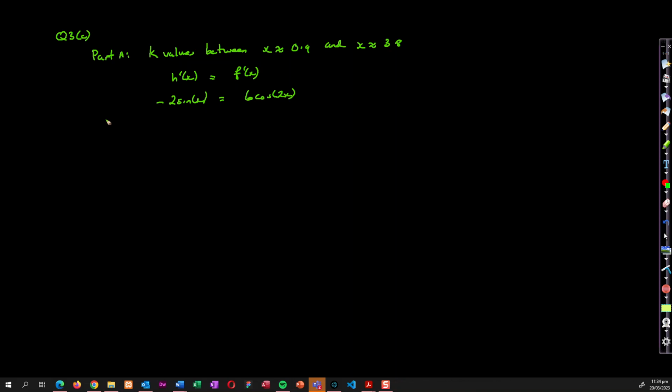Now, from part A of this question, we get x equal to 0.9195 and x equal to 3.8214. So we can then calculate the k values that fit this information.